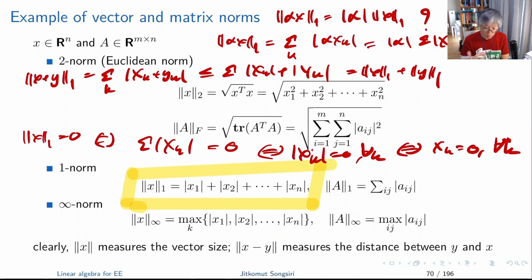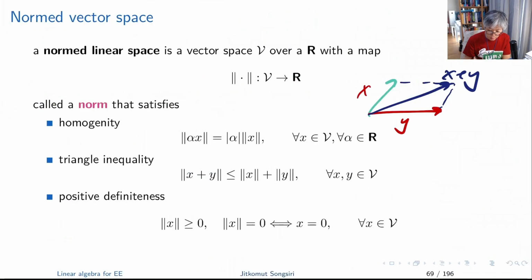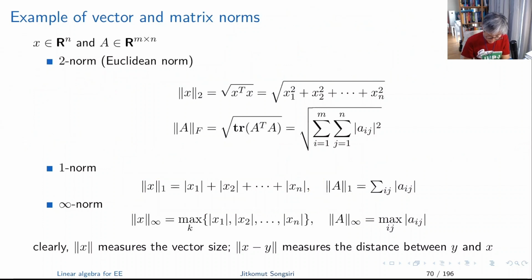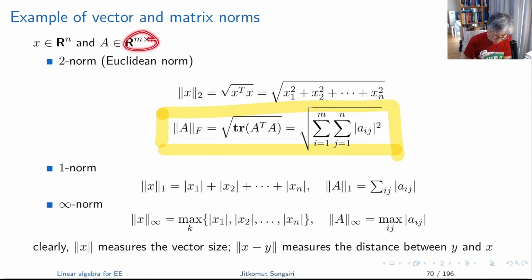So a lot of things you already see from applications can be shown to satisfy the concept of norm. And I would like to extend the concept of vector norm to a matrix norm. First of all, when you have a rectangular matrix A, the norm of A with subscript F is called the Frobenius norm.